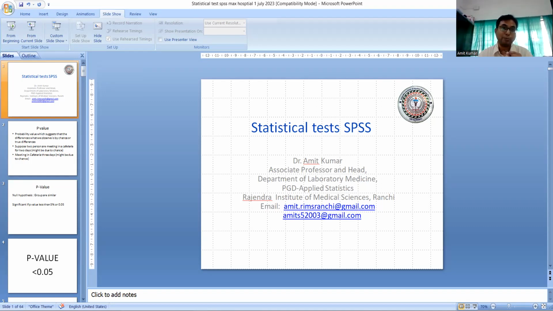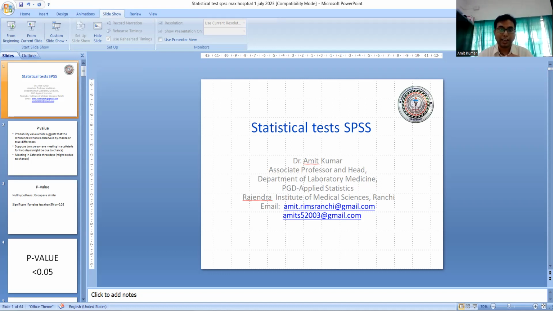Like in the example of Guillain-Barré syndrome, IVIG is the standard treatment, which is very costly, 2 lakh rupees per patient. But there are trials on steroids telling us that if IVIG is not available, we can go with steroids, which are non-inferior to IVIG.